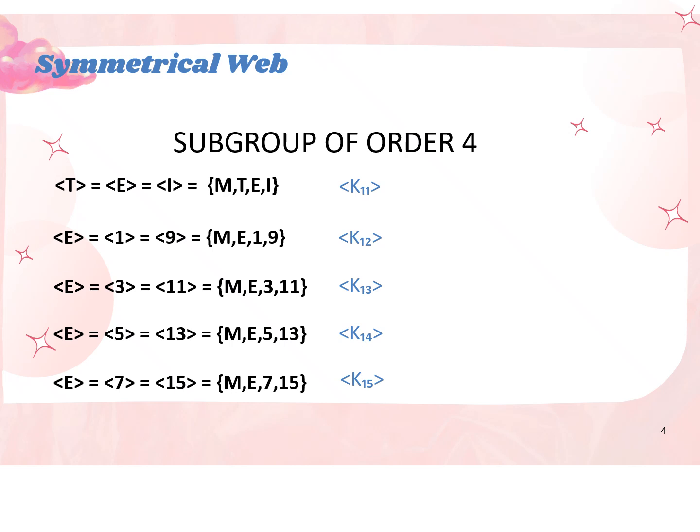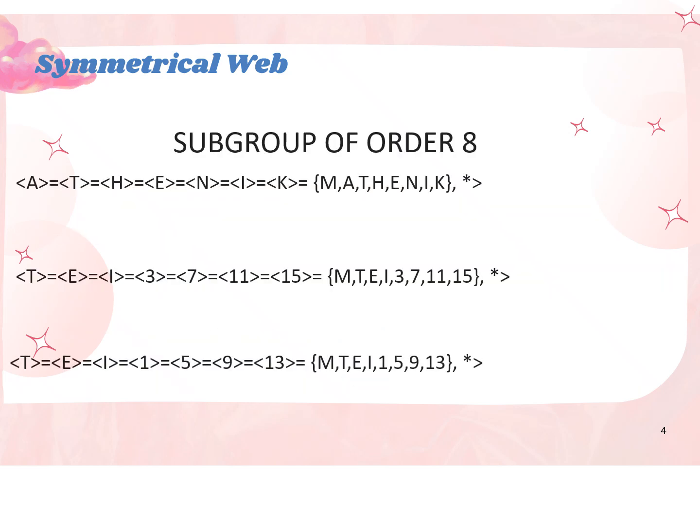Now, let us proceed to the subgroups of order 8. We have the generator A, T, H, E, N, I, K, which is K sub 16. Next, the generator T, E, I, 3, 7, 11, 15 with the elements M, T, E, I, 3, 7, 11, 15 under the binary operation, which is K sub 17.